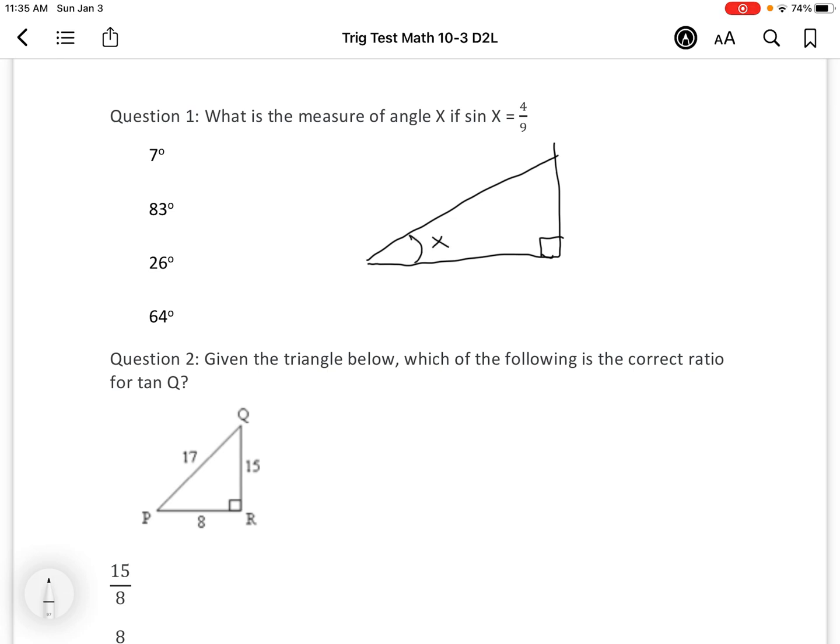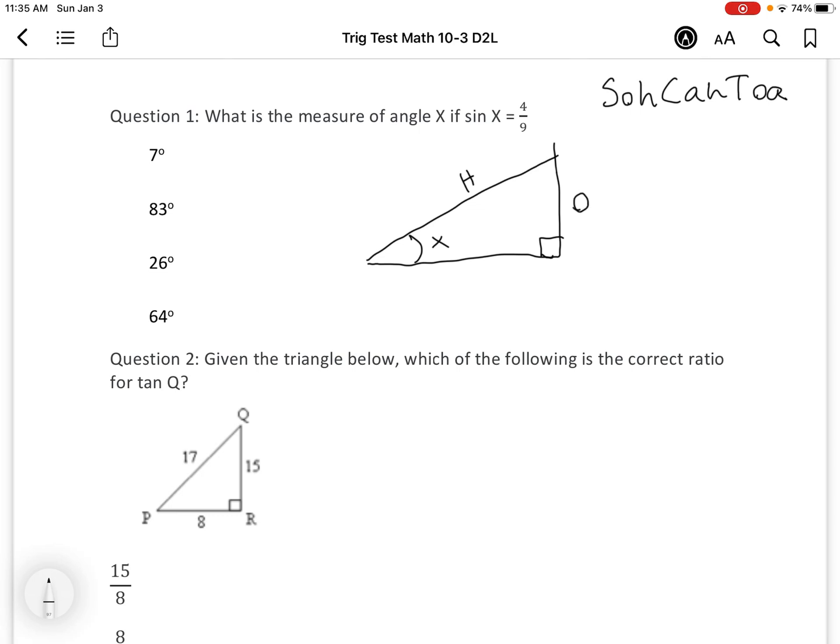You don't necessarily have to draw this to answer the question. SOHCAHTOA, right? These are our three trig ratios. The sine ratio for angle x is the opposite side to the hypotenuse. From before the break, the hypotenuse is always across from the right angle, so that's this side over here. The opposite side is the one across from the angle, so that's over here.